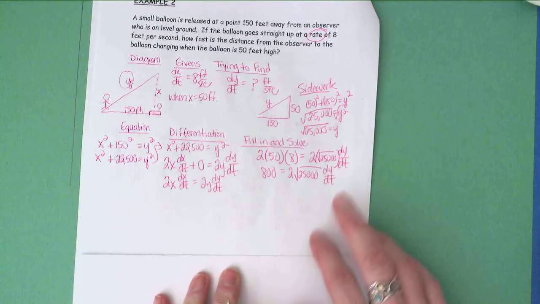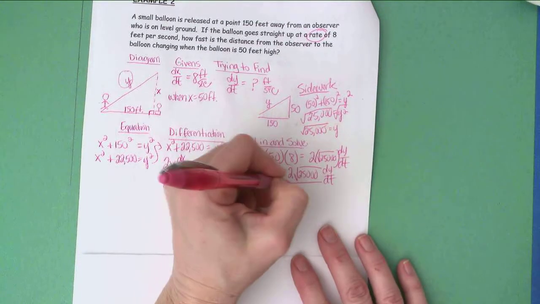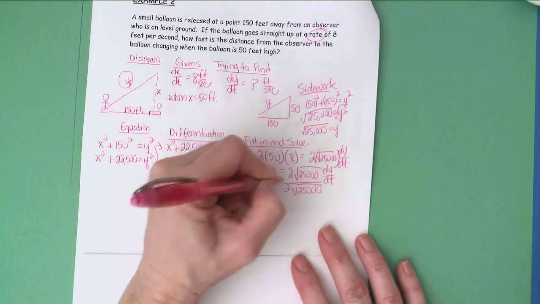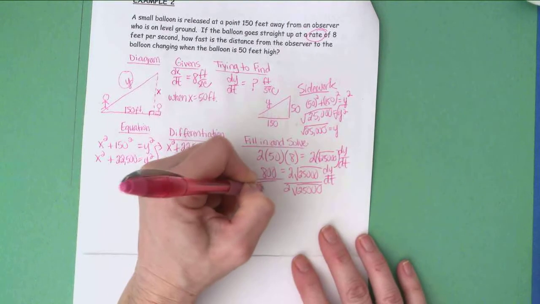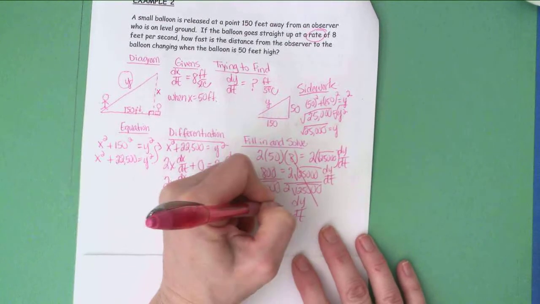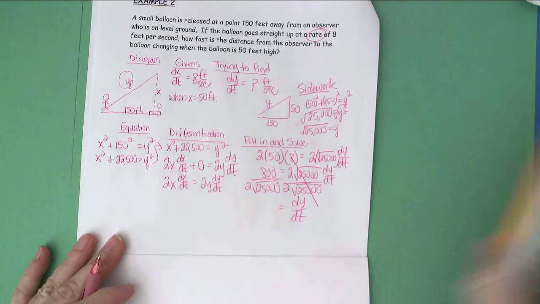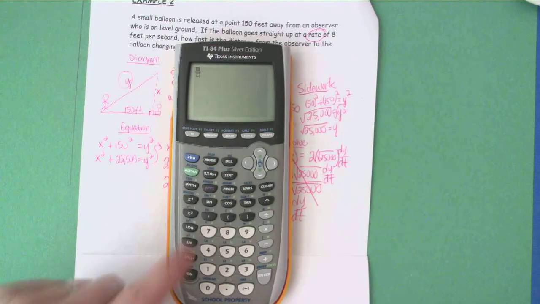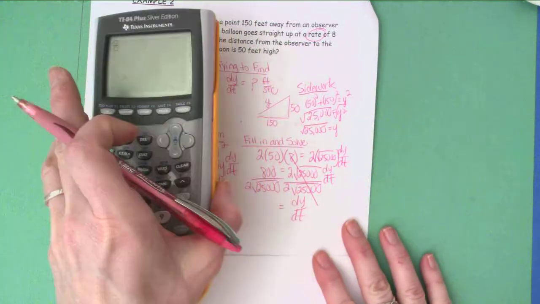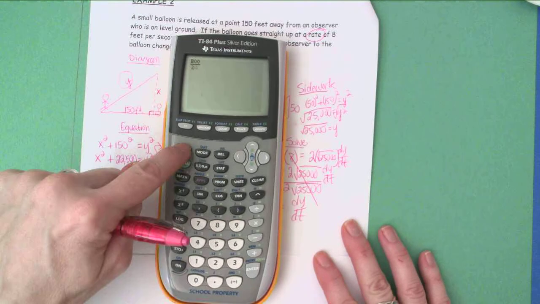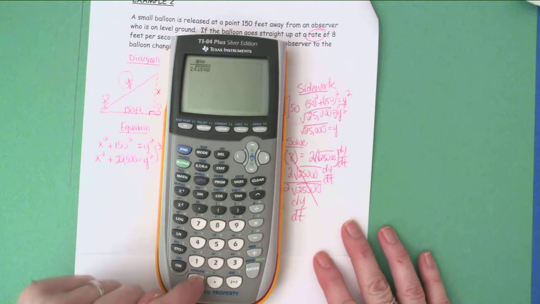And then solving for dy/dt, I can just divide both sides by 2 square root 25,000. Kind of ugly, that's okay, cross those out. So now you have dy/dt equals 800 divided by 2 times the square root of 25,000.